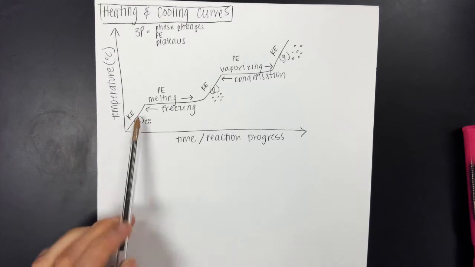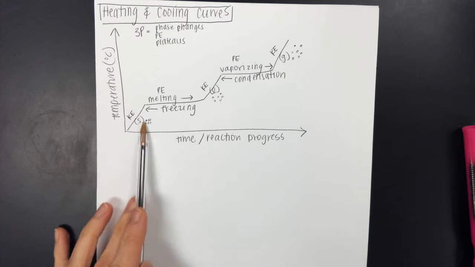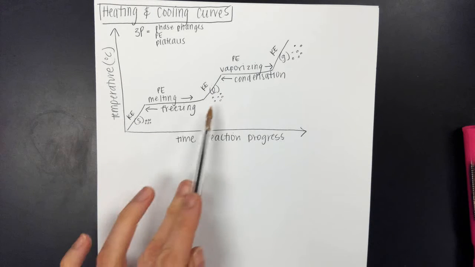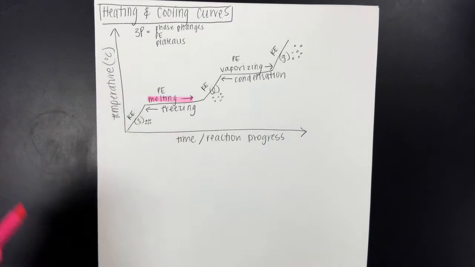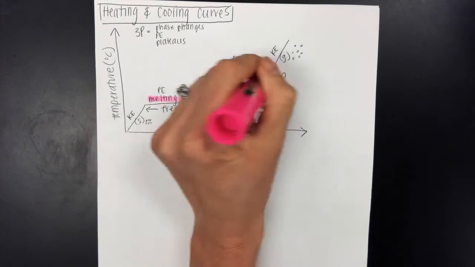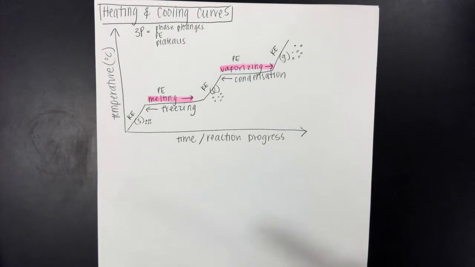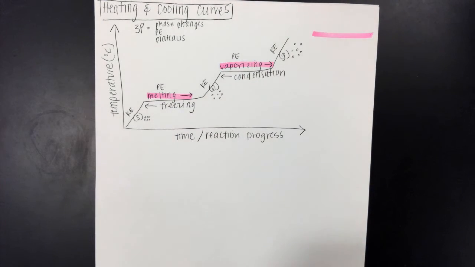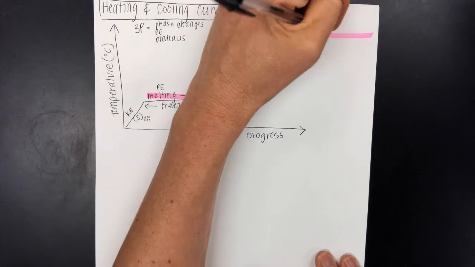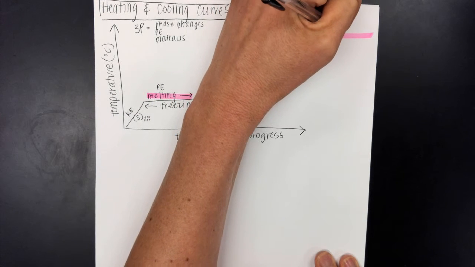So if you are melting, going from a solid to a liquid, you are increasing your energy. So melting is endothermic. Vaporization is endothermic. Anytime you have an increase in energy, you have an endothermic process.